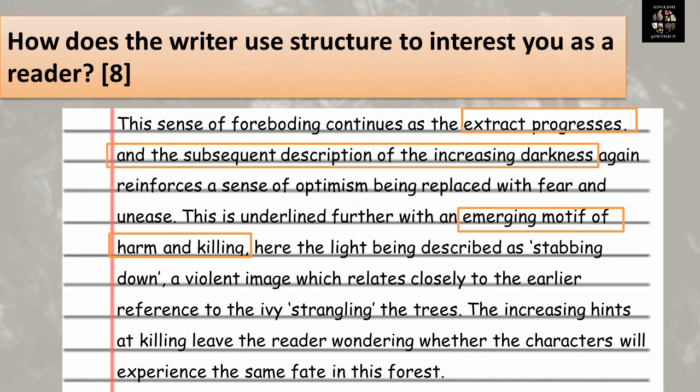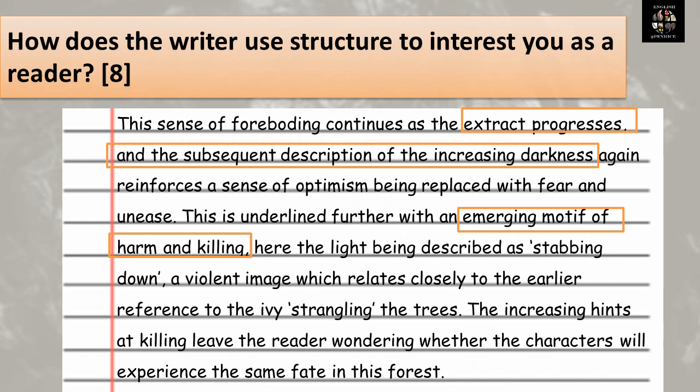Okay, moving on. The next part of my answer moves on to part 2 of the extract. This sense of foreboding continues as the extract progresses, and the subsequent description, so the next description of the increasing darkness, again reinforces a sense of optimism being replaced with fear and unease.